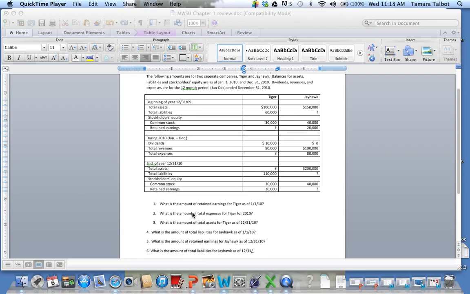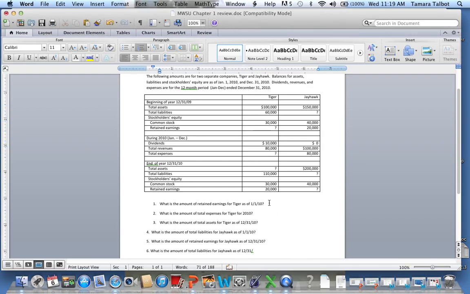The first one asks, what is the amount of retained earnings for Tiger as of 1/1/10? To figure this out, we will use the equation assets equal liabilities plus stockholders' equity.